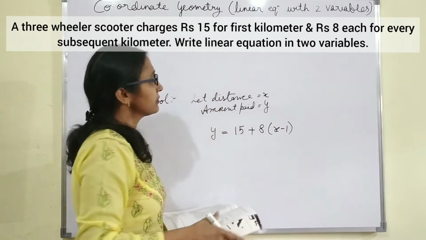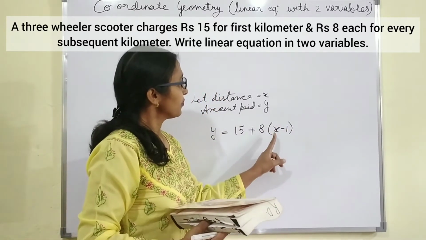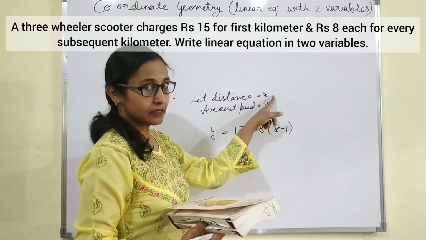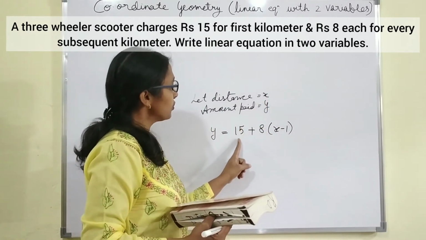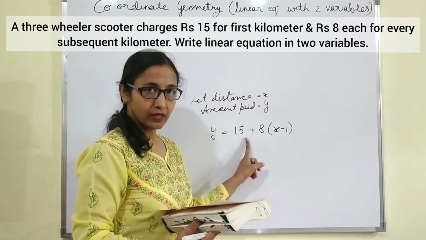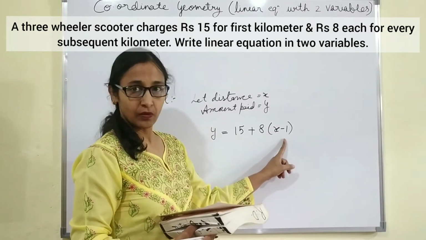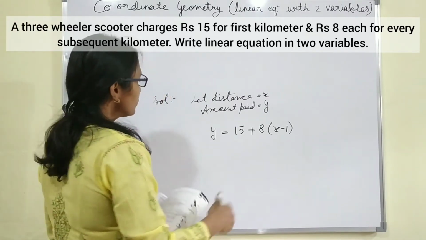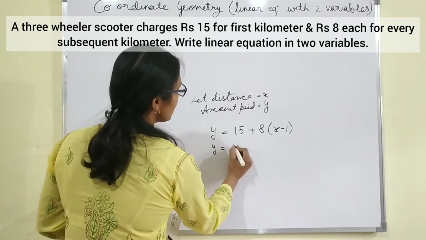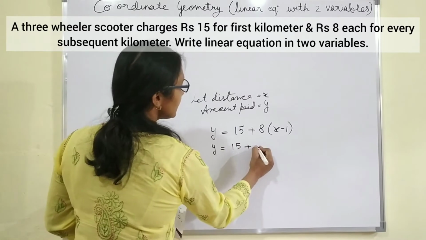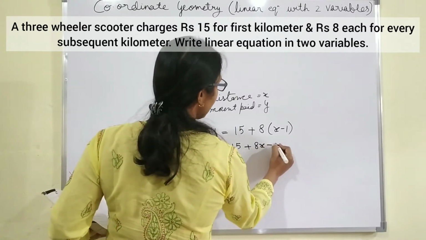See how this comes. For a total distance of X, for the first 1 kilometer he is charging ₹15, and for the remaining distance it will be X minus 1. So Y equals 15 plus 8X minus 8.